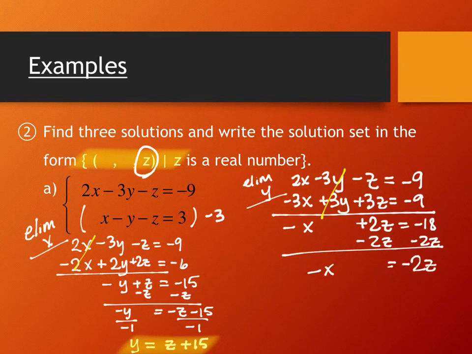I usually put my variables first, so I'm going to go with negative 2z minus 18. And then we divide by negative 1 so that we can isolate x itself. And we find out that x is equal to 2z plus 18, or 18 plus 2z if you prefer.